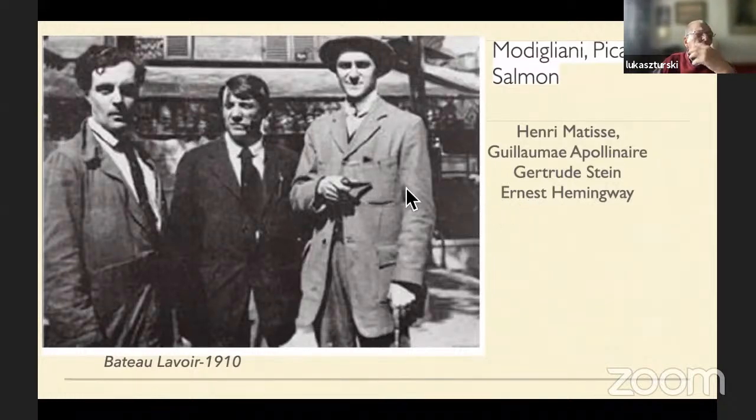Well, there were many others, Scott Fitzgerald, we will also be talking about him, and many others. So they all were gathering inside of this shabby building on Montmartre, and there was some kind of a genius loci which developed there.